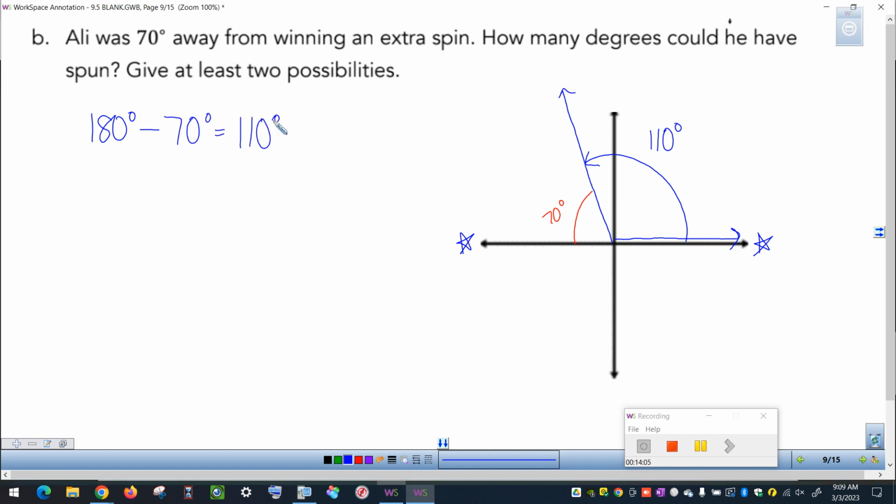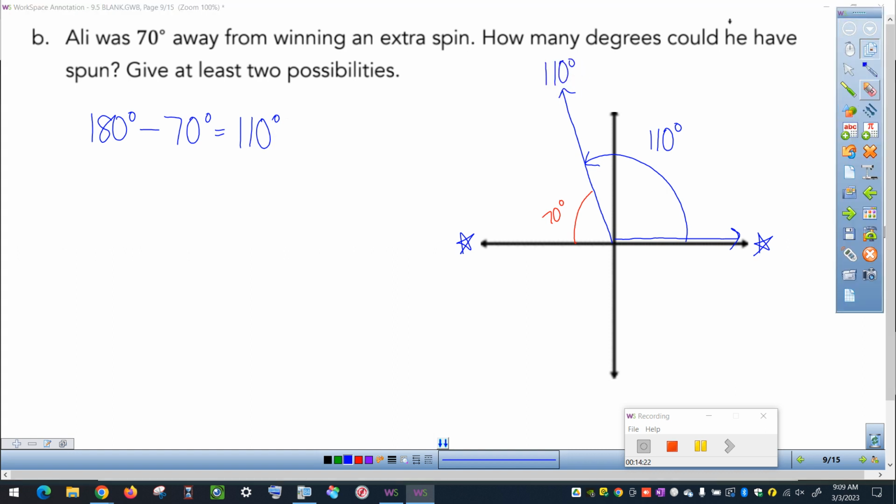We're going to get what the other measure is. It makes sense that 110 plus 70 is equal to 180, because that's the entire distance for that first top half of the circle. Now, there are other possibilities. One possibility is 110.